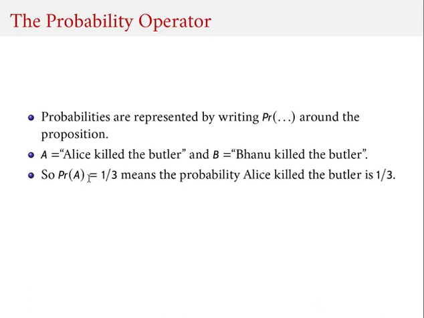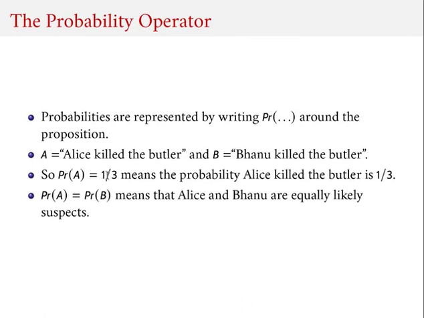So a little bit more formally, this PR stands for a function, and the function takes in as its argument a sentence and outputs a number. So the probability function gives you a number, which is the probability of the sentence, which is the argument. So when we write PR of A equals 1/3, we're saying that the probability that Alice killed the butler is 1/3.